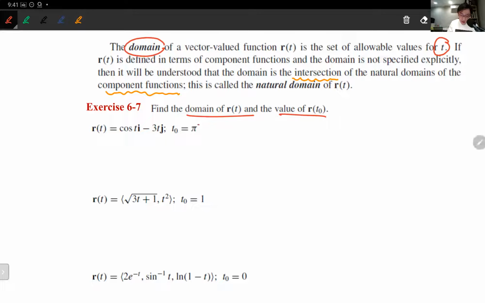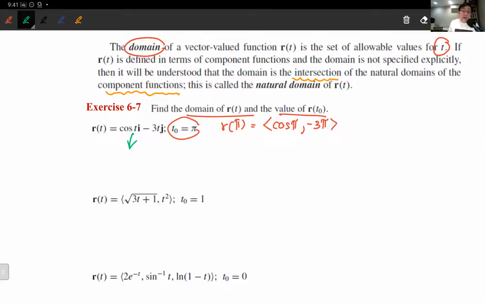So if you want r at pi, all you need to do is substitute the value in there and then you're done. So it's going to be cosine pi and minus 3 pi, right? So evaluation is not bad. But now if you want the domain, all you need to do is look at the x component.